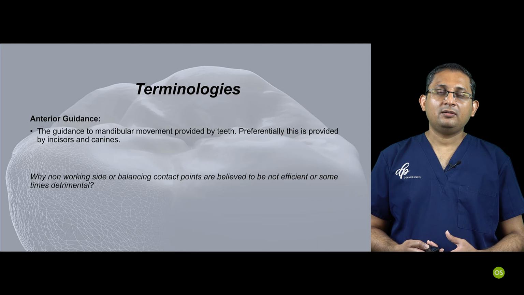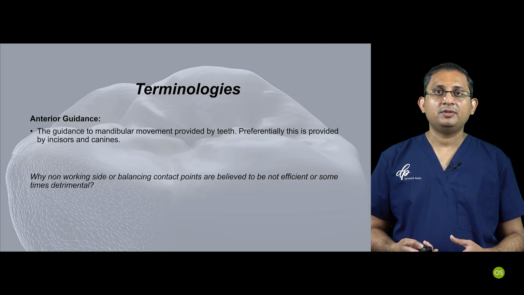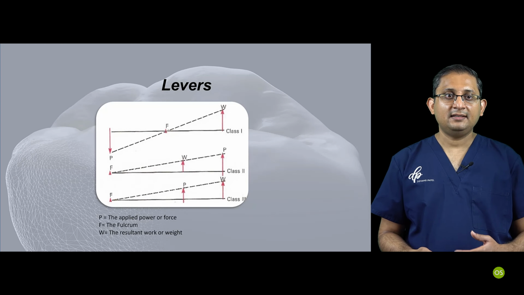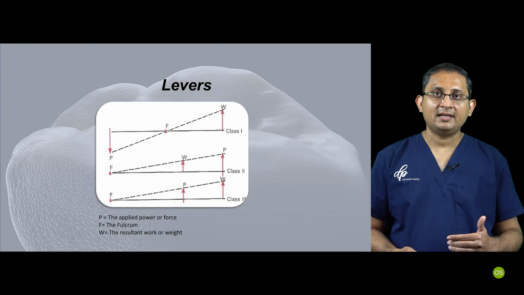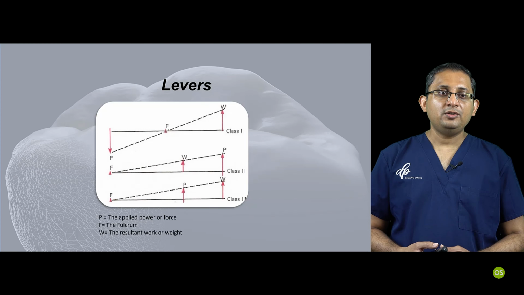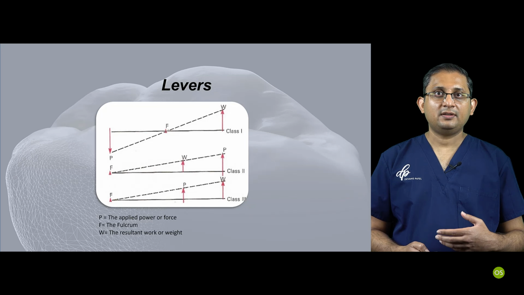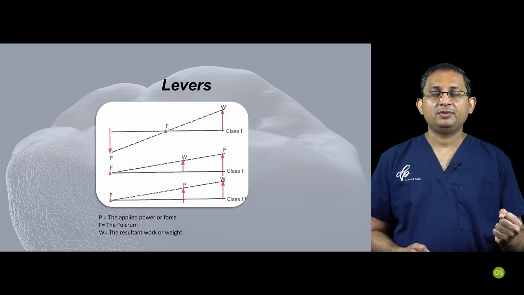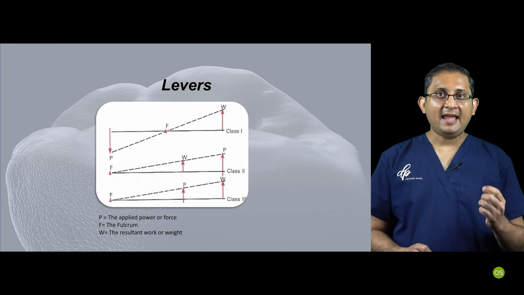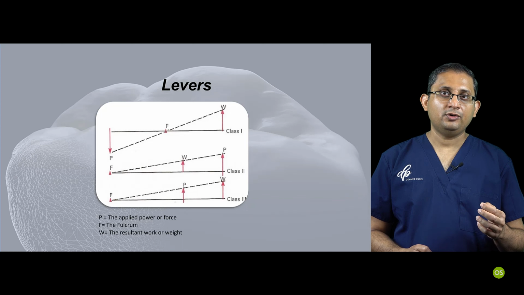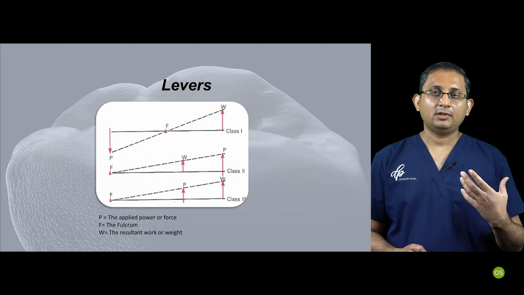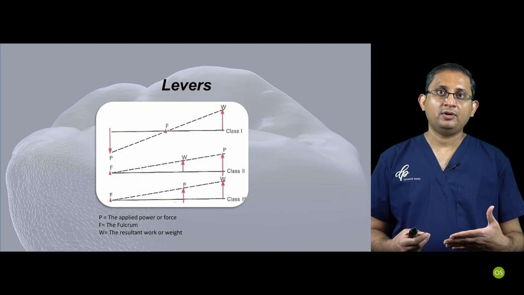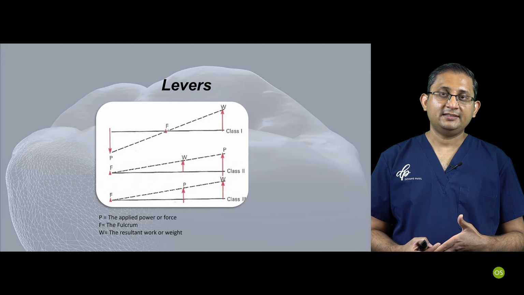And the reason behind that, if you want to understand, then you need to understand how the lever works. So let's look at this lever. So this is class 1, class 2 and class 3 lever. So when you're looking at P, which is the force, it's the power, which is muscles. F, which is a fulcrum, is your condyles. And W, where the work is happening, is your teeth which are contacting.